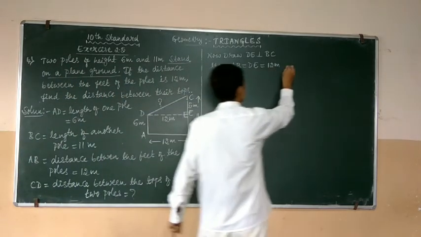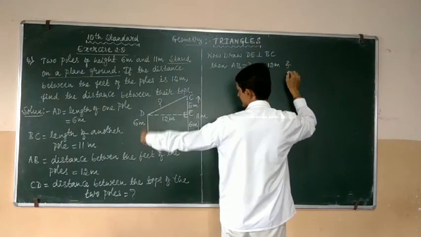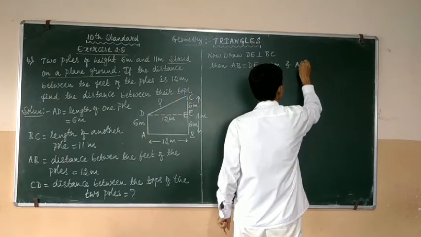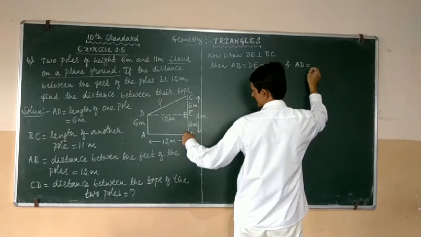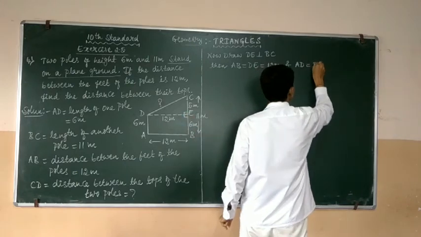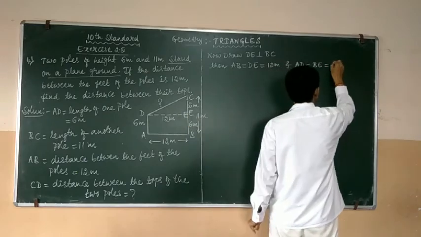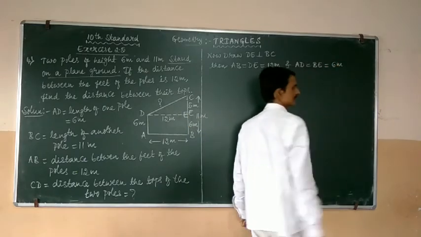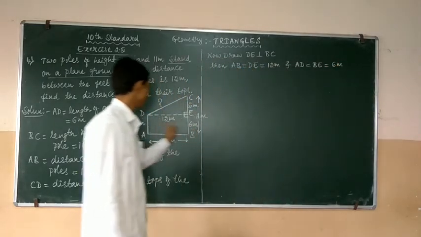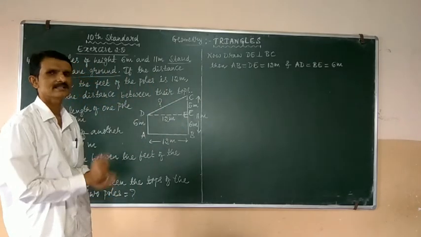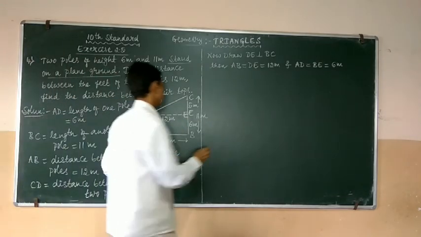Similarly, AD equals BE, so BE equals 6 meter, as these two are also opposite sides of the rectangle.